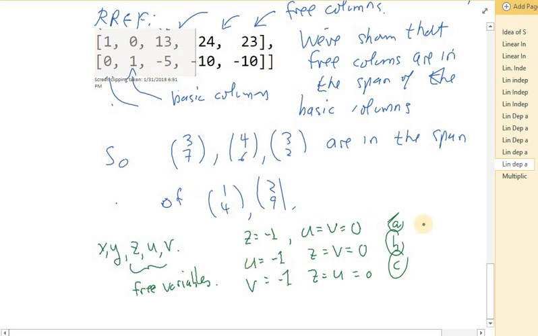From this one here, u equal minus 1, z equal v equals 0, I'm going to get a 0 here. The minus 1 here, remember, it goes to the other side. I'm going to get x is equal to 24, and y is equal to minus 10. This last one, if I set v equal minus 1, z equal u equals 0, this one zeroes out, this one zeroes out, I get x equals 23, and y equals, again, minus 10.